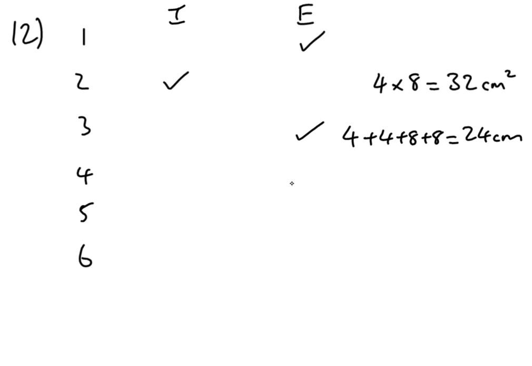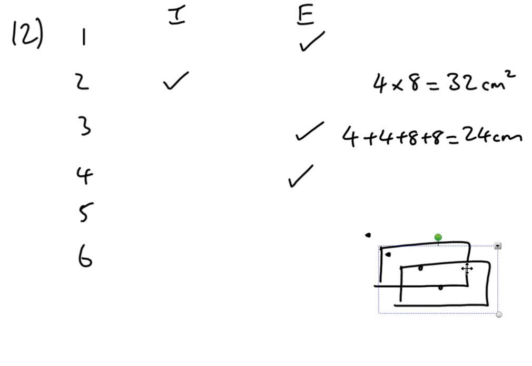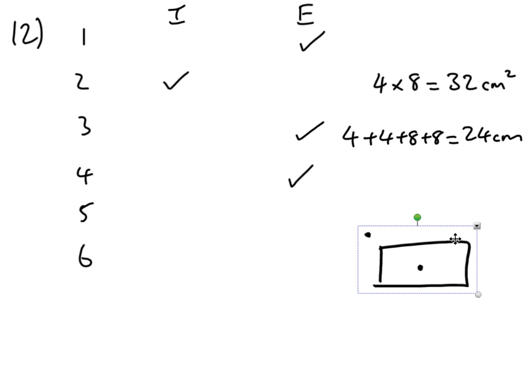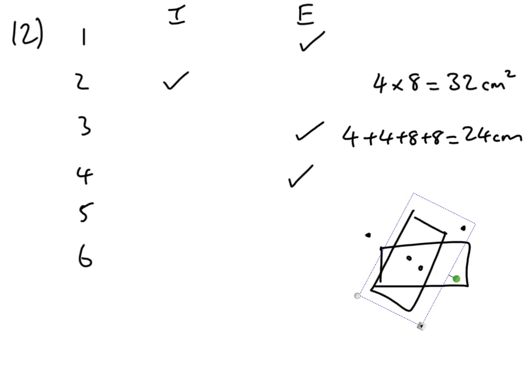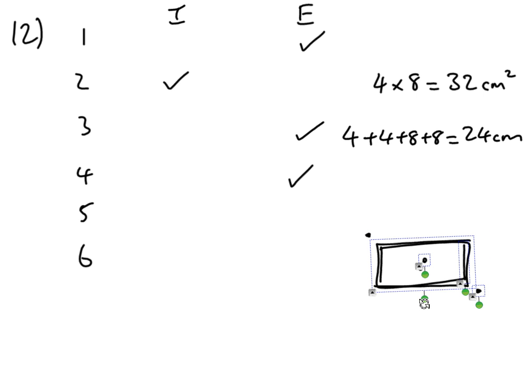It has rotational order of symmetry of 4. Well, that's false, because if you took a rectangle and started here, if I just put a dot in the corner, just to show you, and put the same here. If I rotate it, then that's the first time it will be roughly the same.